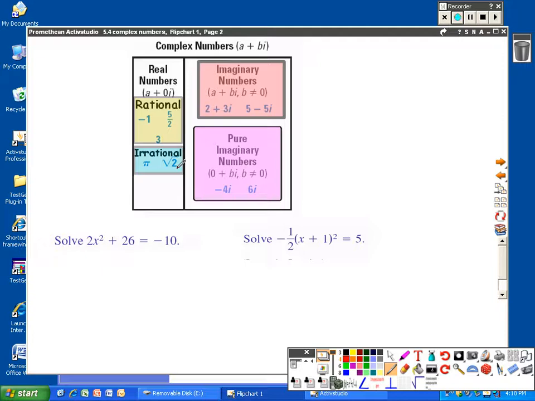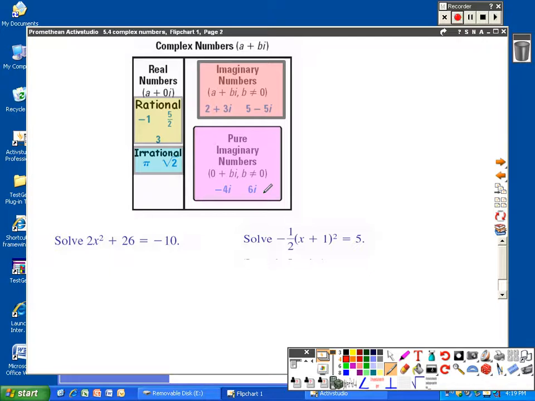Another subset of complex numbers are the imaginary numbers, where we have a real part, plus bi, an imaginary part, like 2 plus 3i, or 5 minus 5i. Or we could have pure imaginary numbers, which have no real part, just imaginary, like negative 4i or 6i. So the set of complex numbers is made up of reals, imaginaries, and pure imaginaries.